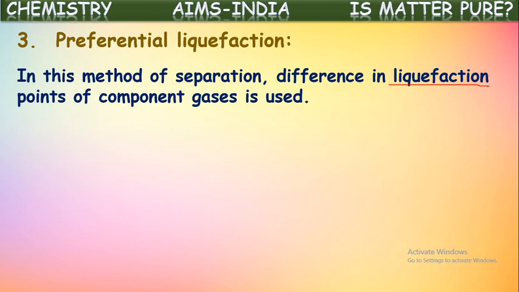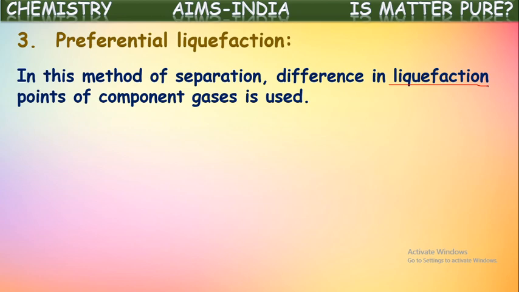Here the small difference between condensation and liquefaction is that condensation is conversion of a vapor into liquid state. Actually it is a liquid, on heating it is converted into vapor form, and again on cooling it starts converting into liquid form. That is called condensation.